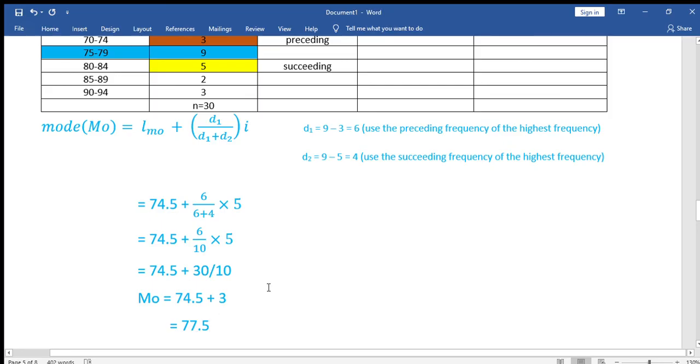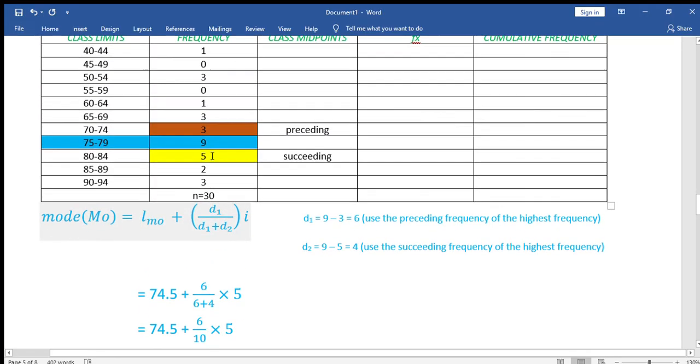So I'll repeat. To find out our mode, we just need to consider the formula. We are going to find the sum of the exact lower limit, or the exact lower boundary, of our modal class added to the quotient of d sub 1 over the sum of d1 and d2, multiplied by i.